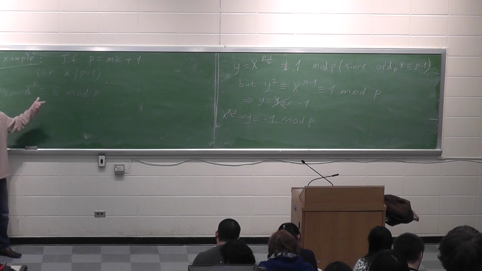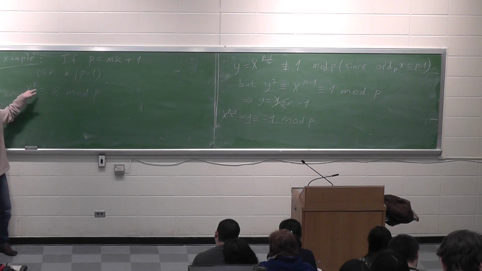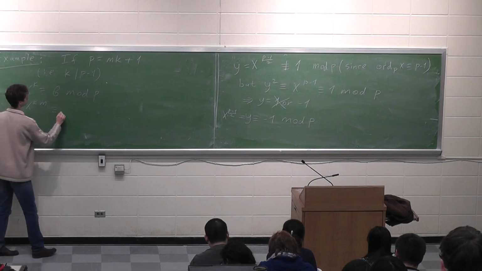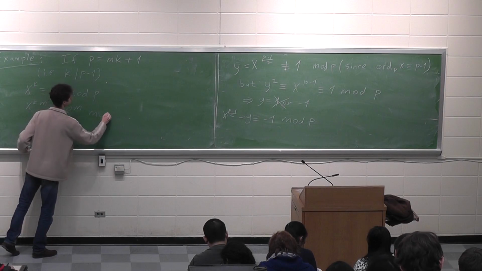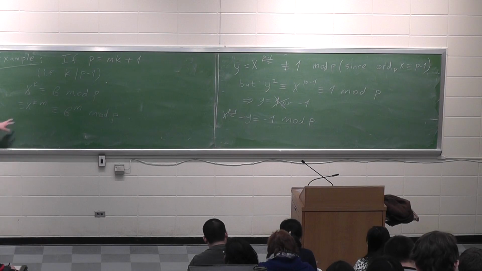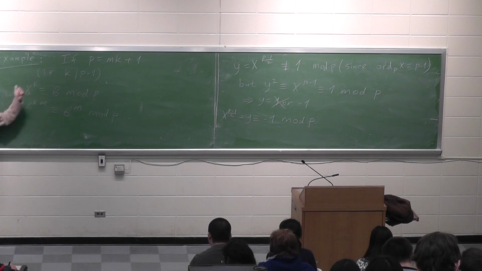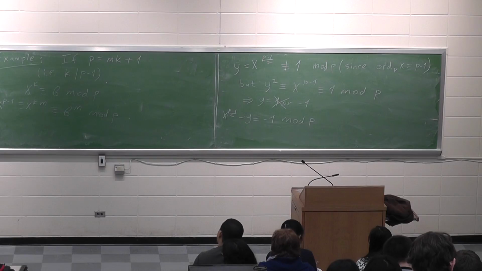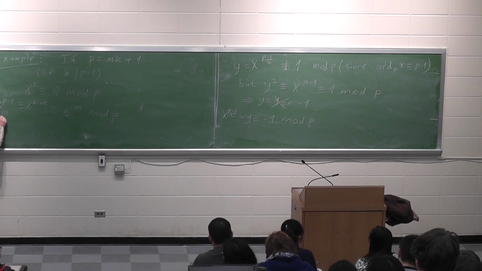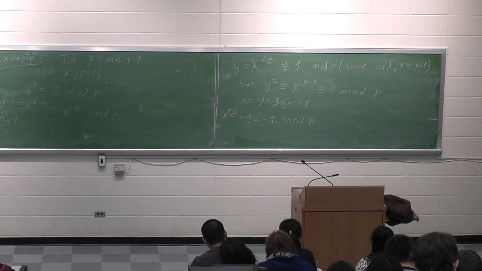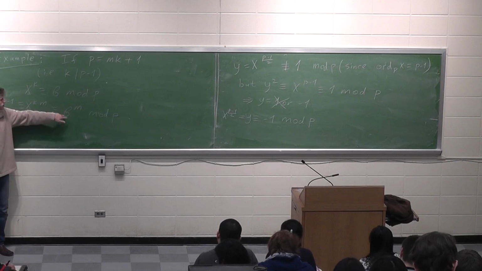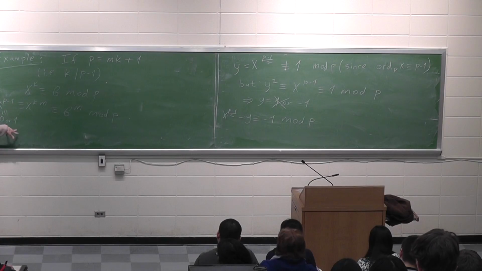Once again, we can try doing the same trick. If I raise both sides to the power n, x to the power kn, which is the same as b to the power n modulo p, x to the power kn is just x to the power p minus 1. So this thing is, by Fermat's little theorem, either 0 or 1. So if I have a solution here, I know that b to the power n will be equal either to 0 or 1.